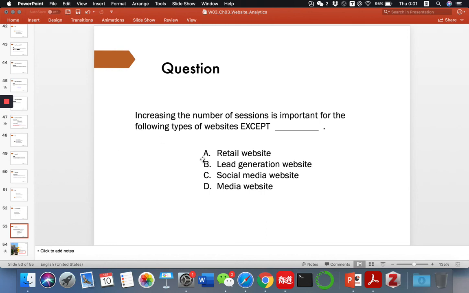So the answer to this question should be B, lead generation website, because user is different from session. And here we only care about user, okay? Okay, that's all for part 2 of chapter 3. See you.